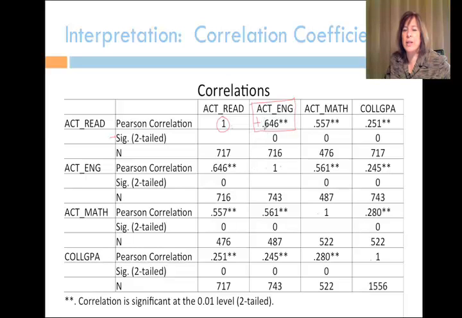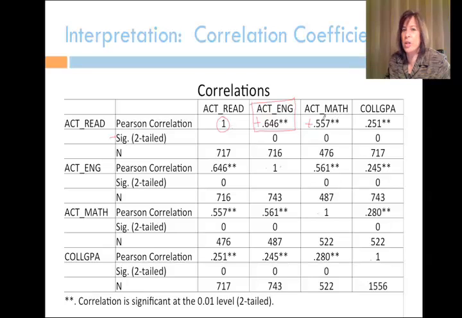So it's positively correlated, meaning that as ACT reading score goes up, ACT English score goes up. Let's look at ACT reading and ACT math. Positive 0.556. Again, as ACT reading score goes up, ACT math score goes up.